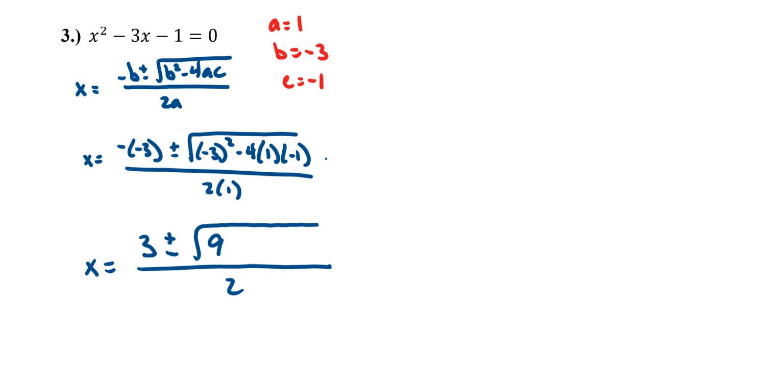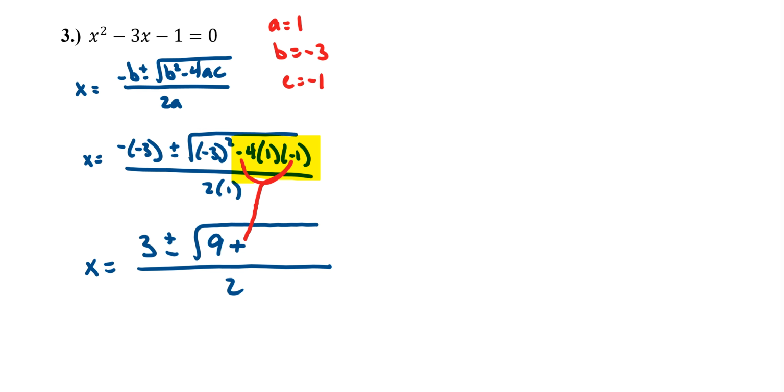So positive 9. And then for this next part, what I like to do is just count the negatives. We have two negatives here, right? We have this negative and this negative. A negative times a negative is positive. If you have an even number of negatives, it's going to be plus. If you have an odd number of negatives, it will be minus.